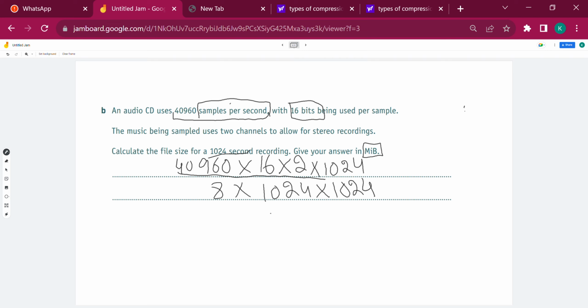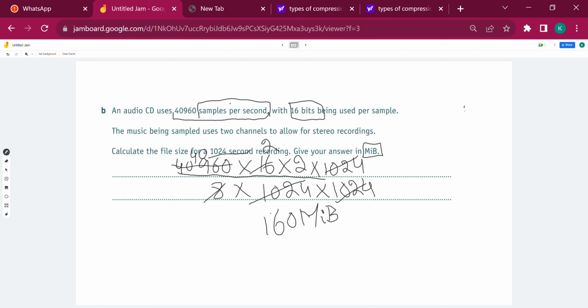Okay, so let's proceed further, and this thing is going to cancel like this, and this is your 40. Yes, and 8 twos are 16, 2 twos are 4, 4 fours are 16, and our answer is 160 mebibytes.